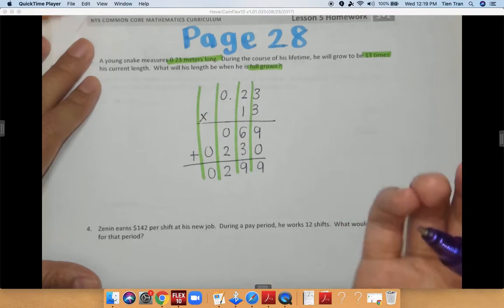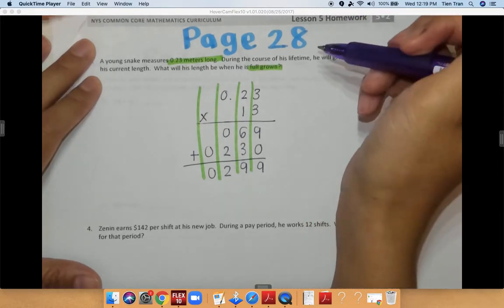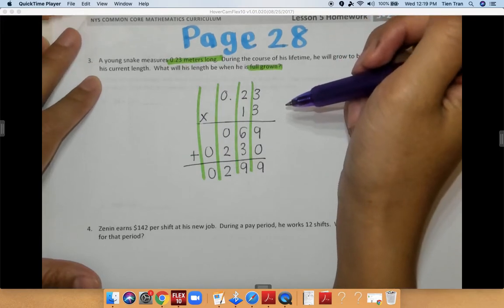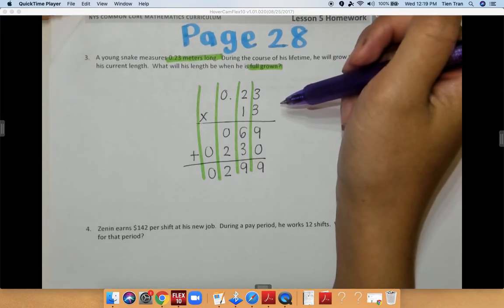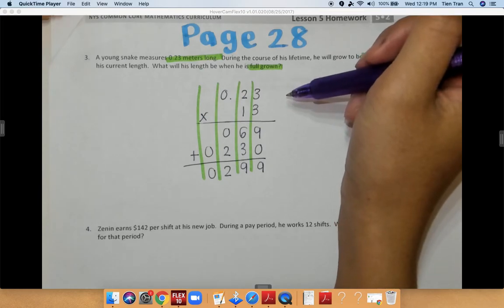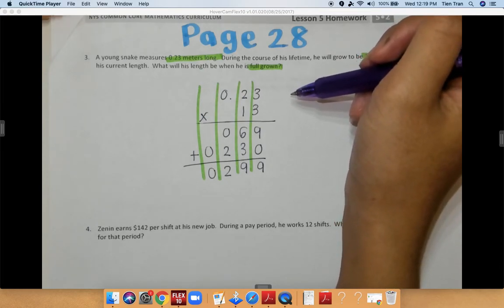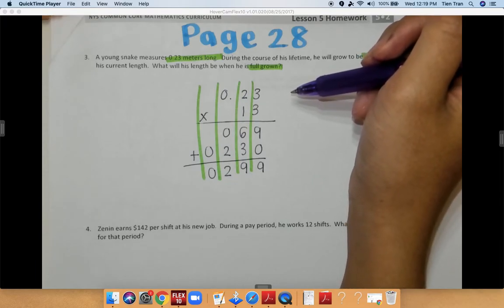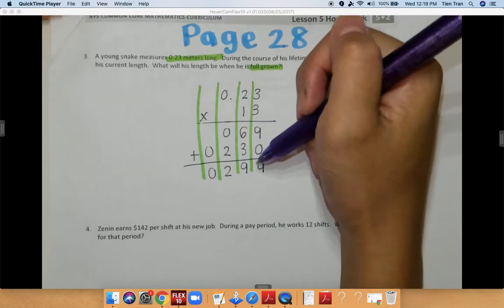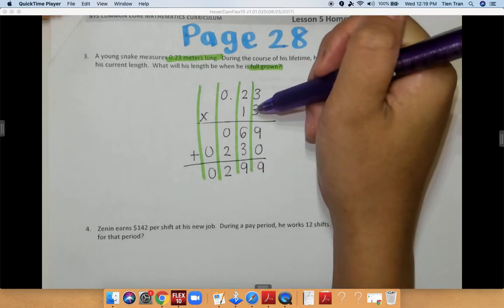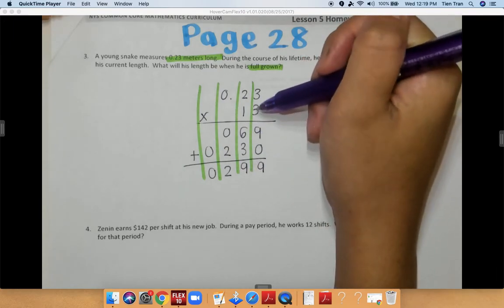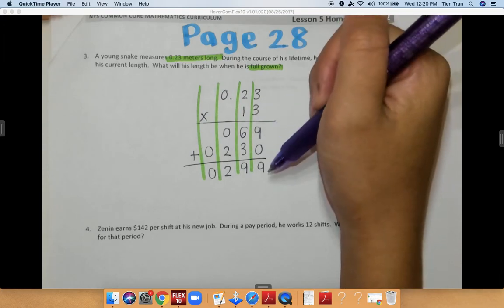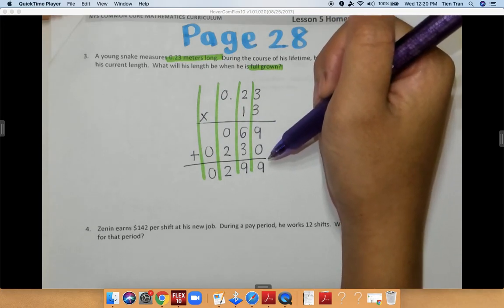Now I'm thinking in my head, I'm estimating, right? I'm multiplying 0.23, which is less than 1, times 13. So my number is going to be a fraction of 13, okay? So I'm thinking in my head, is it going to be 29? No, because 13 is way smaller than 29, so that's not possible. Is it going to be 299? No, that's not quite right.